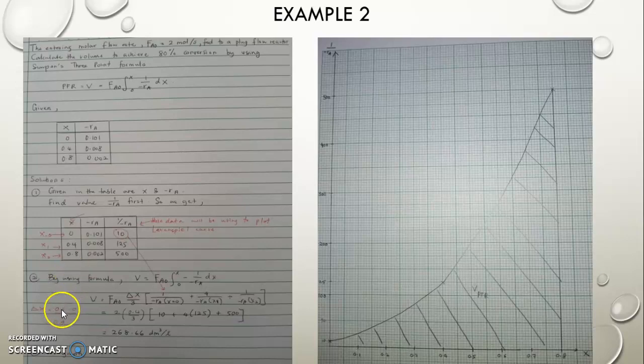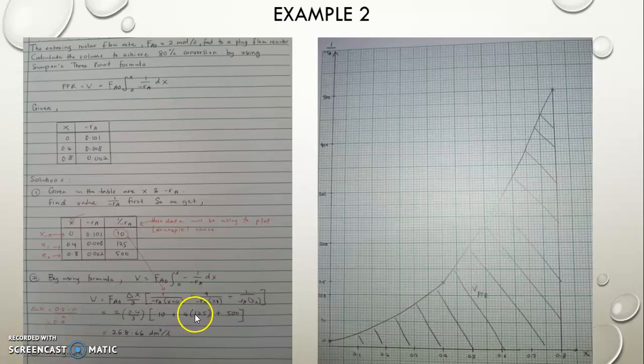So apa yang awak perlu buat, you have to find delta X by 0.8 minus 0, and then you will get 0.4. Masukkan dalam equation ni. FA0 dia kata kat sini 2. So 2, 0.4 divided by 3, 1 over negative RA when X equal to 0 is 10. Masukkan terus je, sebab dia dah bagi, kita dah kira set-set kat sini.